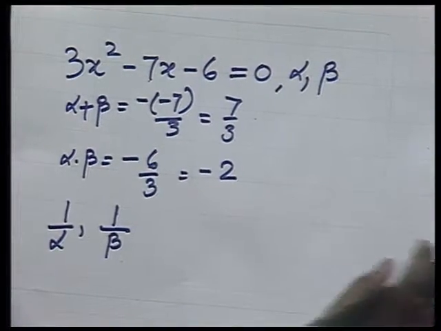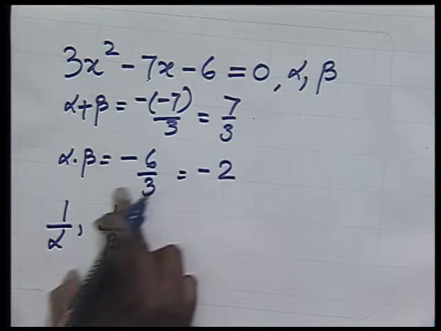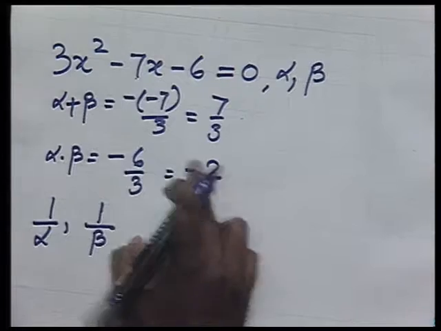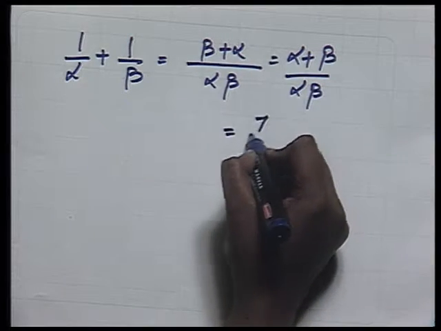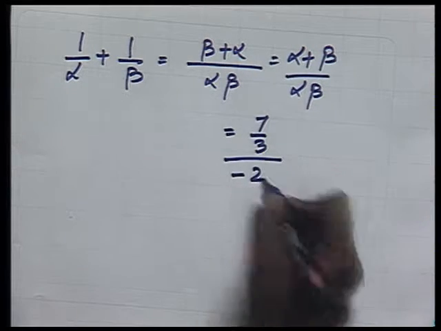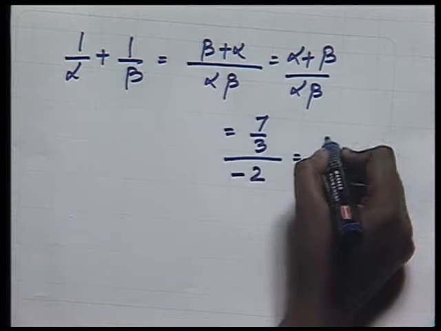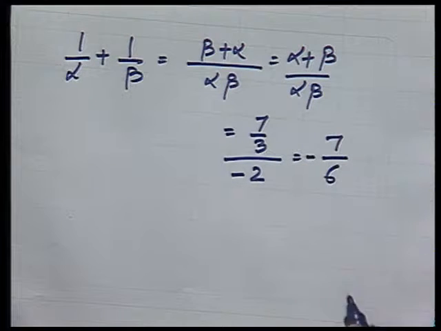Now, from this earlier result, we have alpha plus beta is 7 upon 3 and alpha into beta is minus 2. So, replacing alpha plus beta by 7 upon 3 here and alpha into beta by minus 2 here, we get the sum of the roots of the required equation as 7 upon minus 6, or I can write minus 7 upon 6.